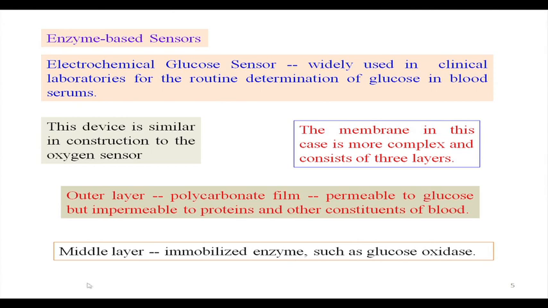There is no mobilization of the enzyme, because the enzyme is the costliest part and works only for several cycles, say 500 cycles or 100 cycles, as it is a biologically originating catalyst, we all know. So, this enzyme should be immobilized on the electrode surface, trapped in the middle layer, and the enzyme is nothing but glucose oxidase.